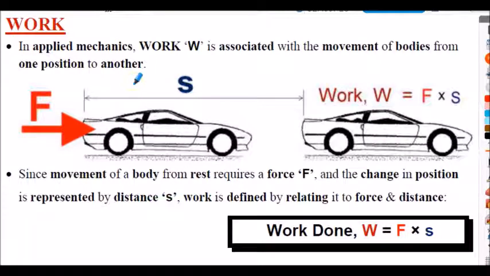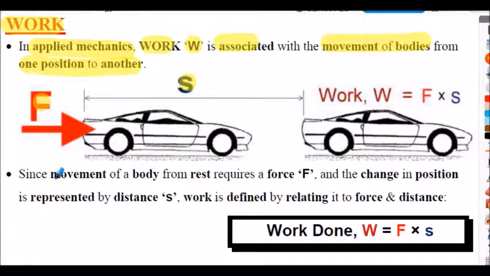In the previous presentation, we considered the concept of work done. Just going to recap it here, as it's something we'll need to refer to in this presentation. In applied mechanics, work is associated with the movement of bodies from one position to another. In the diagram, we're showing a force applied to a car. That force is applied over a distance, symbol S, and work is simply the product of force and distance.